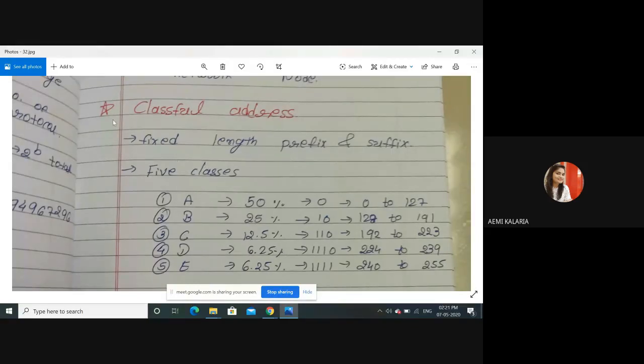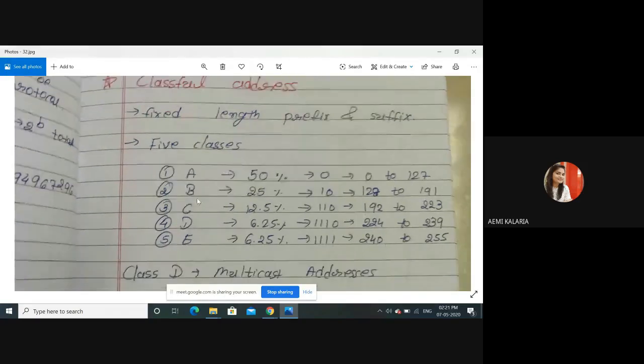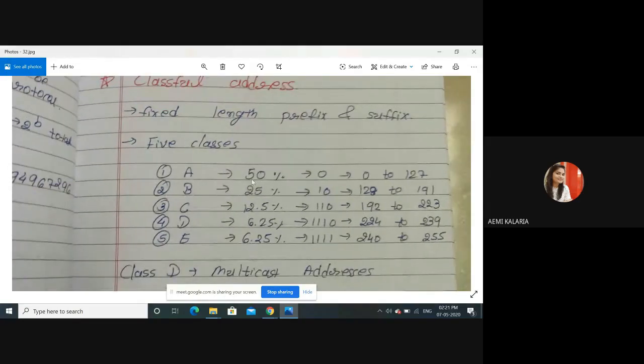Now, mainly five classes are there. First one is A, B, C. The distribution is 50%, 25%, 12.5%, 6.25%, 6.25%. 50% means of the total number of addresses in the world, 50% are occupied by class A. This is the distribution of each and every class.